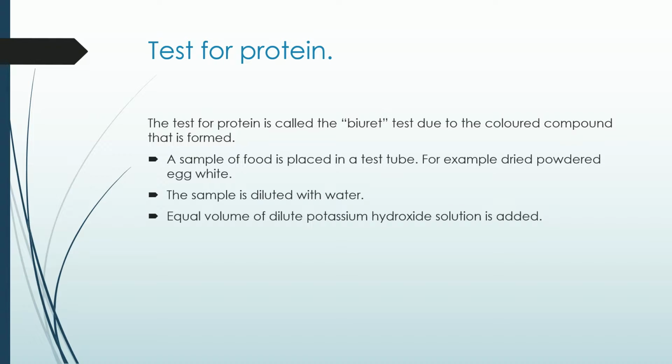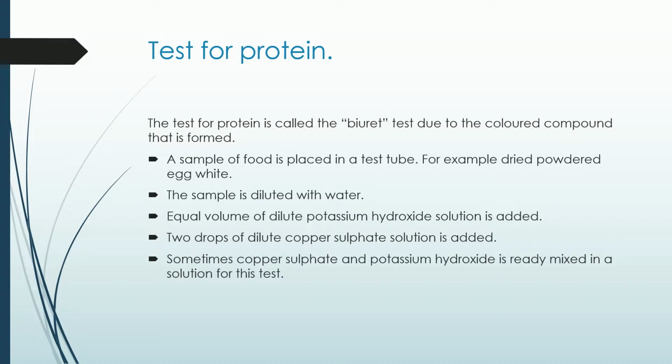Then you mix it, you shake it, then you add an equal volume of dilute potassium hydroxide solution. This equal volume is equal to the water in your sample. After that, you mix it again, then you add 2 drops of dilute copper sulfate solution. Sometimes these two solutions are mixed together and sold in a bottle, called biuret test solution.